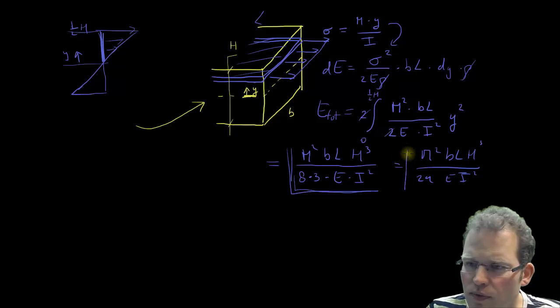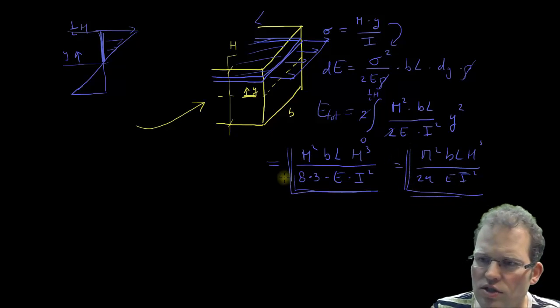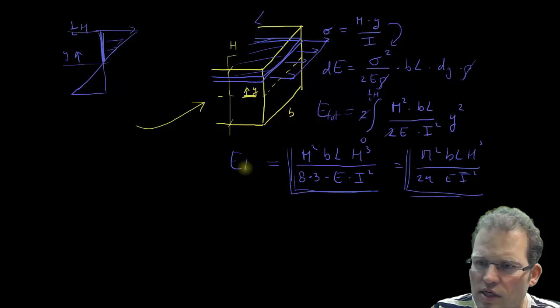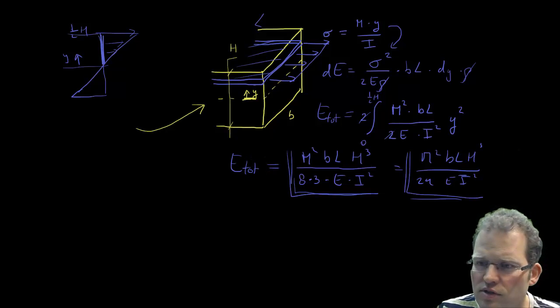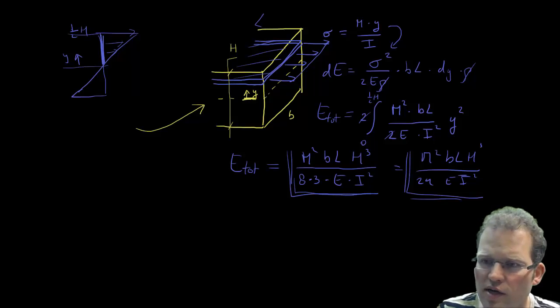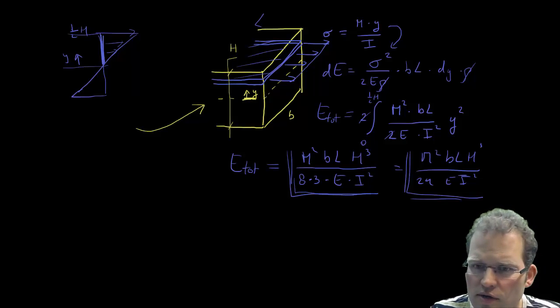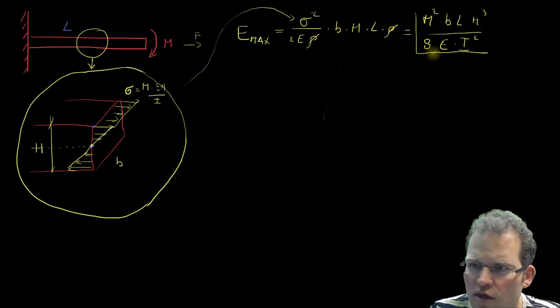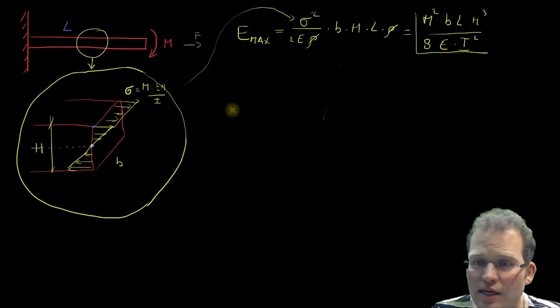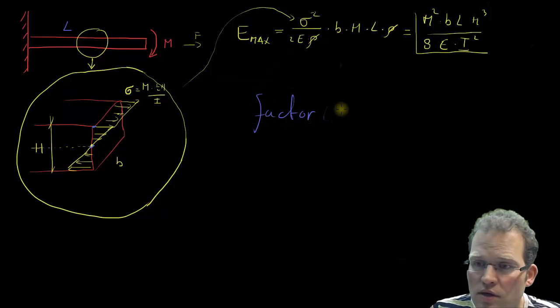This formula, which tells us how much energy we can store in a bending bar, is now a little different from the one we derived earlier, which was 1/8. So the difference between bending and stretching is a factor of 3.